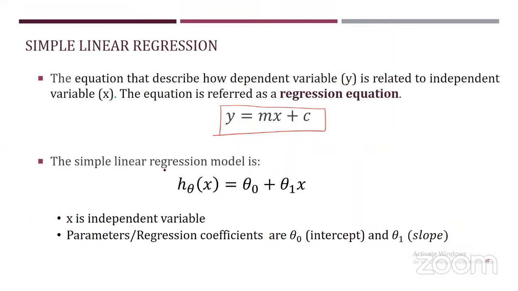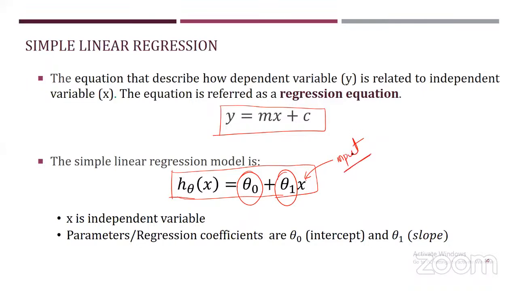So how can we write this in a simple linear regression? We can write it this way: h theta x equals theta naught plus theta 1 x. These theta naught and theta 1 are going to be the parameters of the model, or the regression coefficients of the model. And this x is the input which you are going to supply.